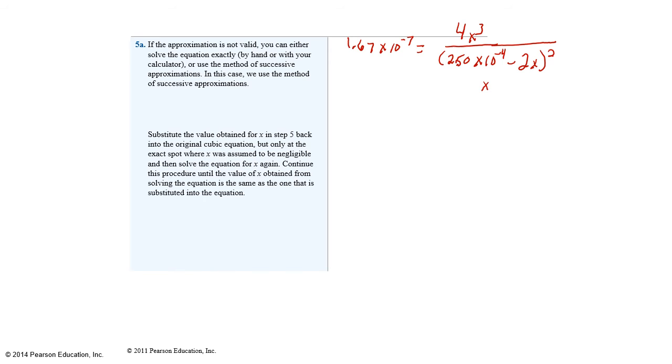What that means is we're going to take that x value that we found and substitute it in for x, solve the problem again, and this should get our answer a little bit closer. So let's try doing that. We're going to substitute that value in and solve the problem.